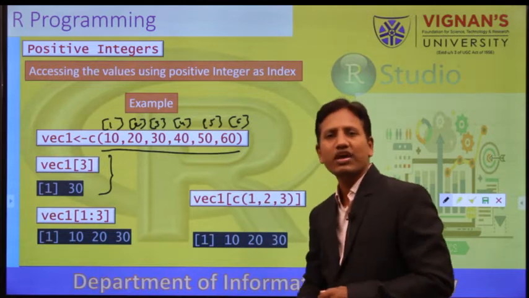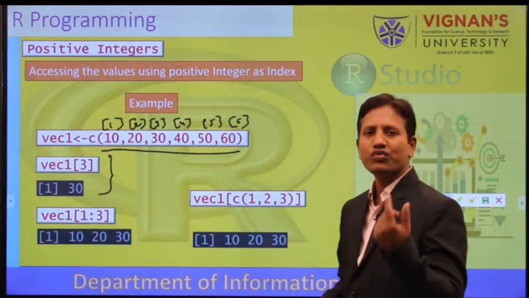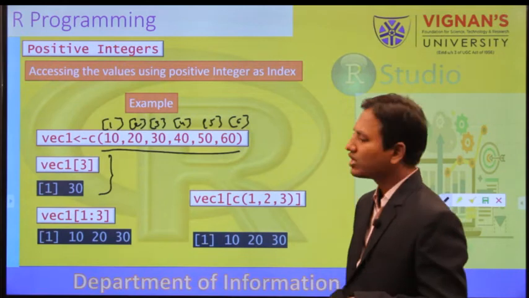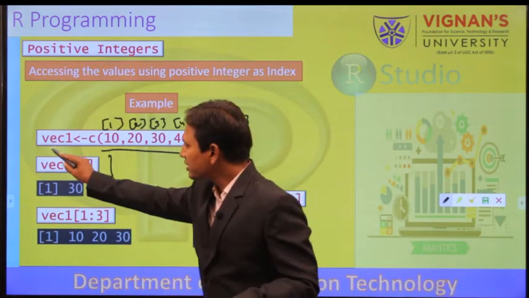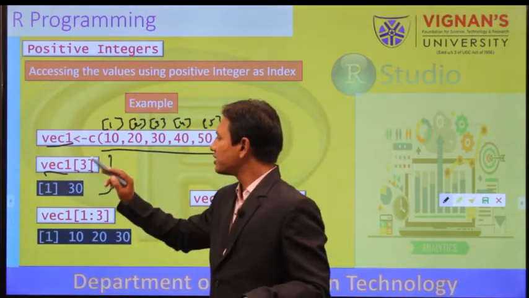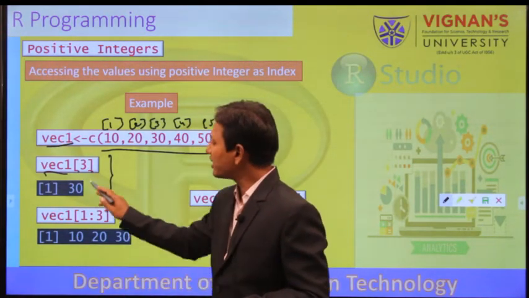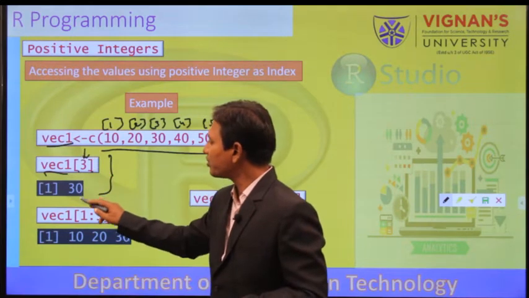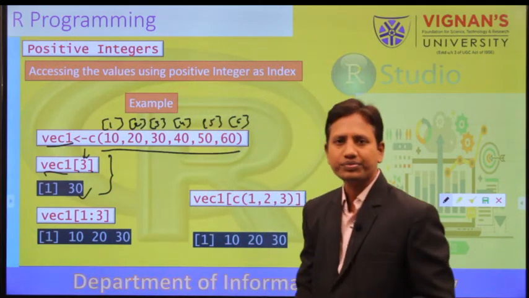This is how the indexing values will be there. And we wanted to select the third value. So we have written the vector name, and in square brackets we have put that index value 3, and it's going to give me the output 30.